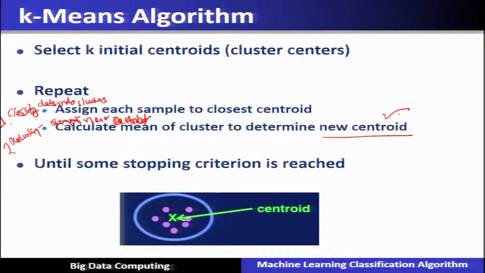Now, these 2 steps will repeat until the stopping criteria is met, which says that when we compute the new centroids, there are no major differences happening. That means the points are almost saturated and fixed into the clusters and are not going to change.